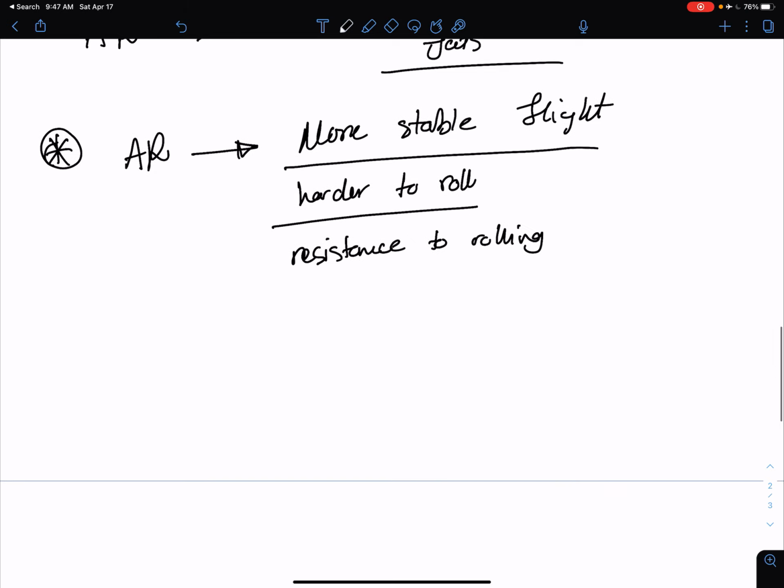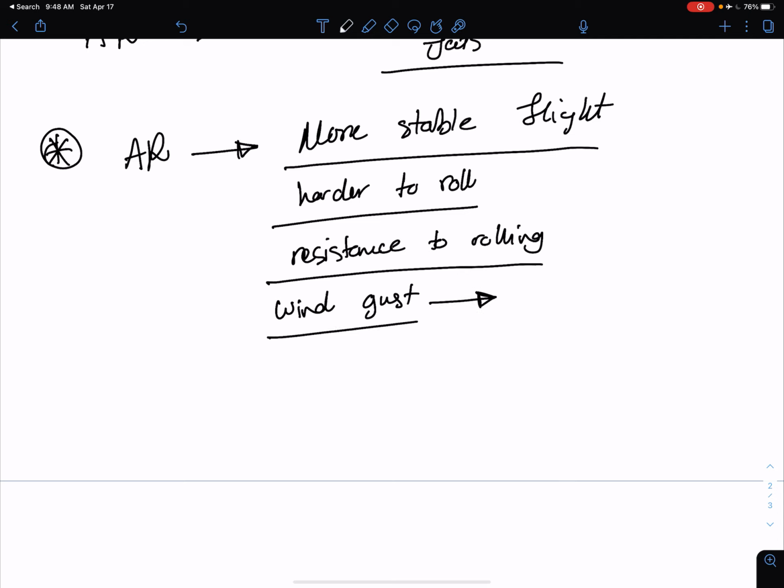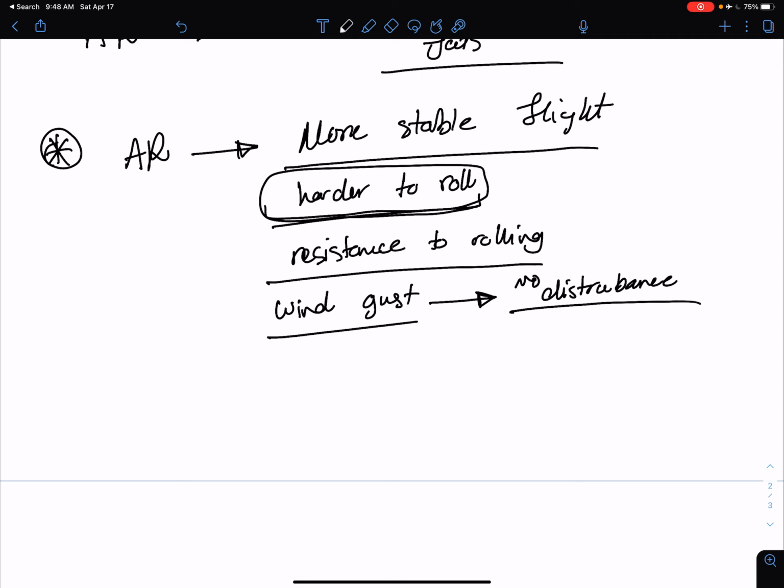This essentially means that when you have a wind gust or something like that, your aircraft is not going to be disturbed. But at the same time, it is going to require the pilot more energy to roll the aircraft.